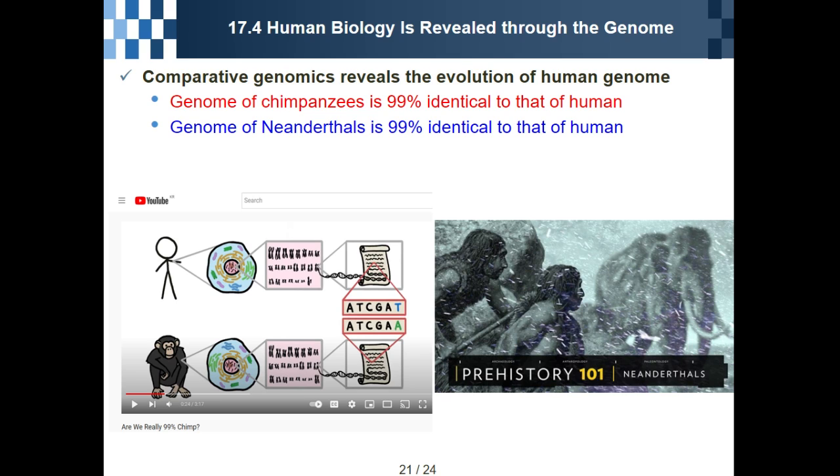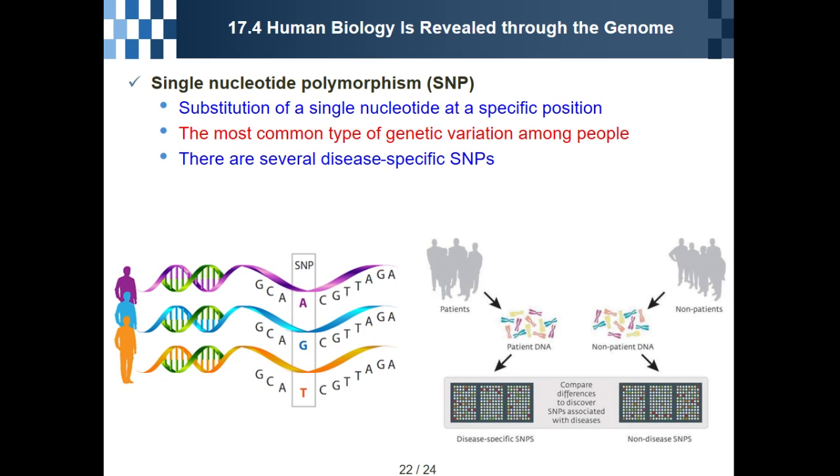Okay, Hyuk-sung and Subin, their genomes are 99% identical. But they are different persons with different characteristics. Why? Because every person has single nucleotide polymorphisms.